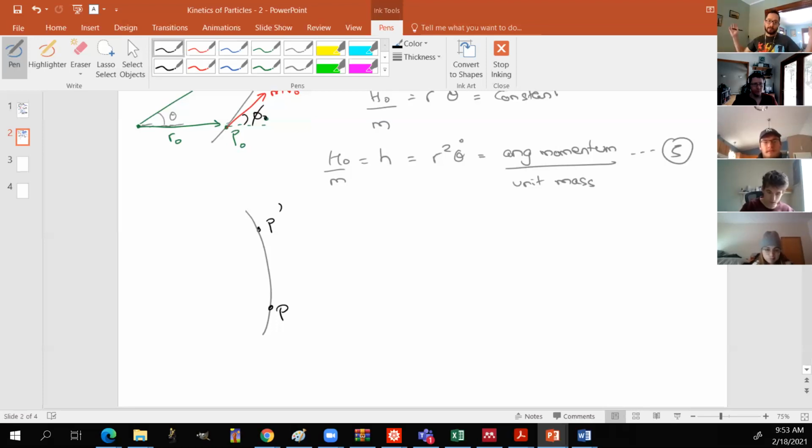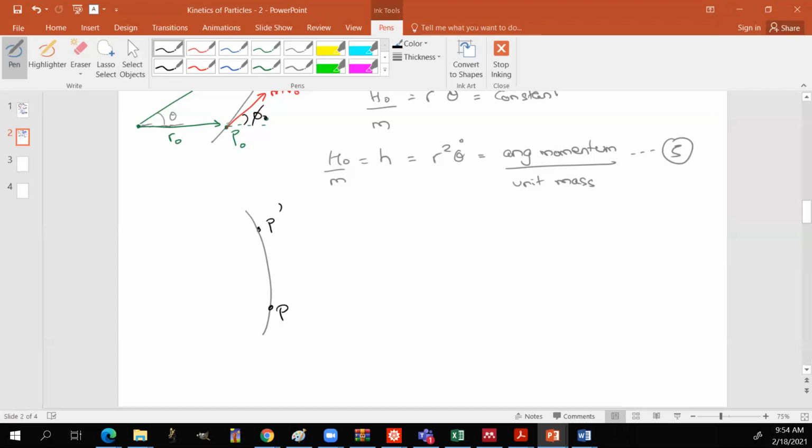Gravity, right? Whenever you're looking at gravity, whenever you're looking at celestial objects, you're always looking at central forces, because that's Newton's law of gravitation. So this conservation of angular momentum really comes into play a lot when you're looking at Newton's law of gravitation or celestial bodies or orbital mechanics and things like that, right? So we're not formally going through Kepler's law, but this is basically where it comes from.